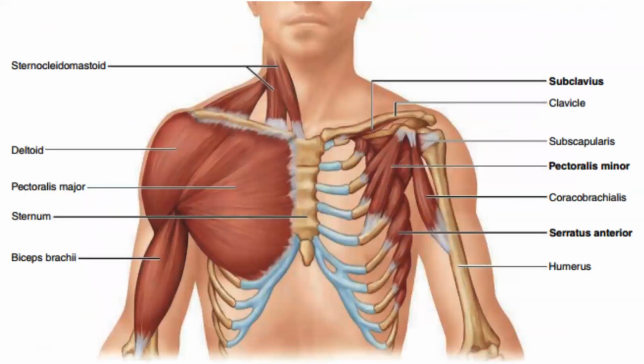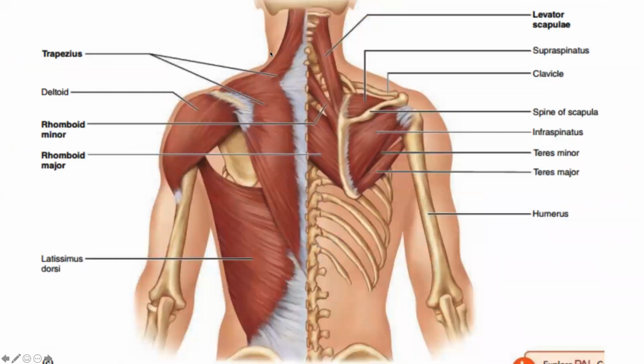Now this diagram is showing our pectoralis major. I hope we all remember that. Underneath the pectoralis major, we have the pectoralis minor, which originates from the 3rd, 4th and 5th ribs and goes to the coracoid process. And we have the sternocleidomastoid, which comes from the sternum and the clavicle and goes to the mastoid process. Why am I showing the sternocleidomastoid muscle?